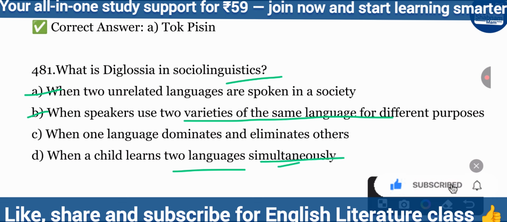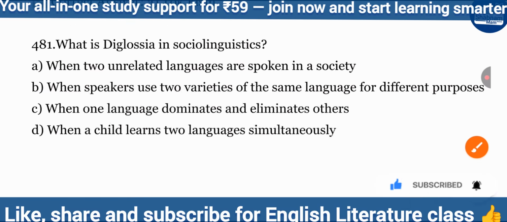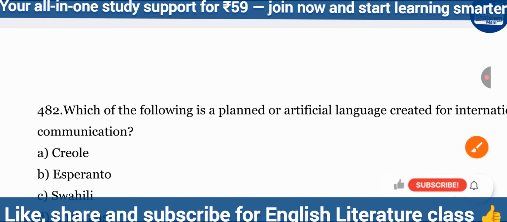What is diglossia? Diglossia in sociolinguistics. So the correct answer of this question would be option B, when speakers use two varieties of the same language for different purposes. Okay. Next question we have.